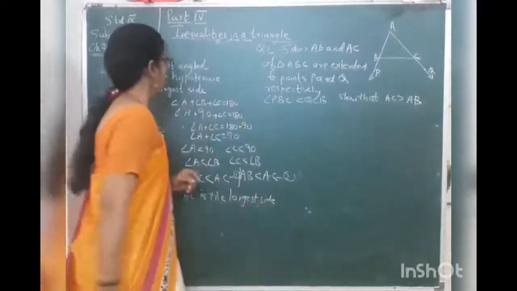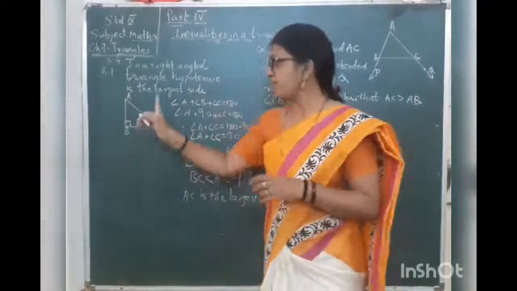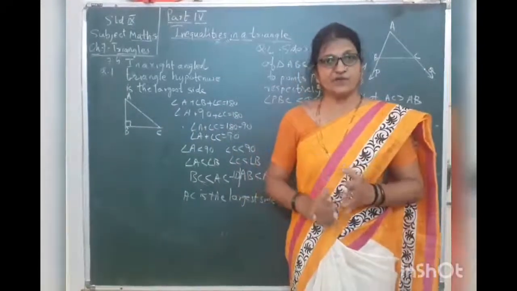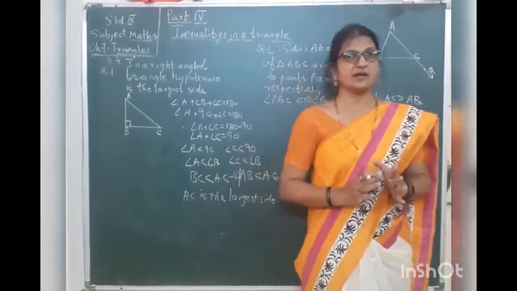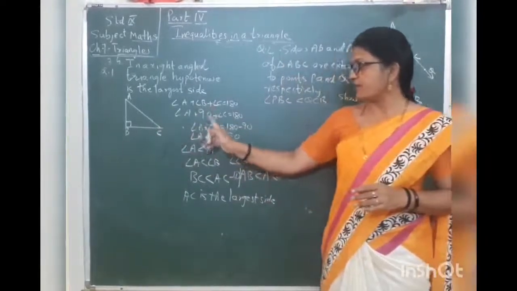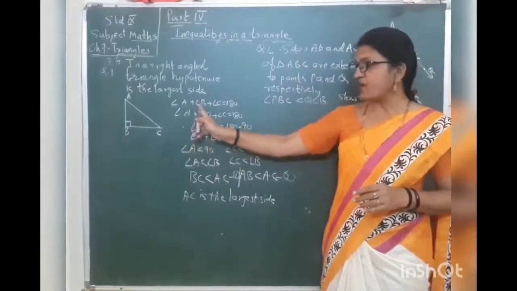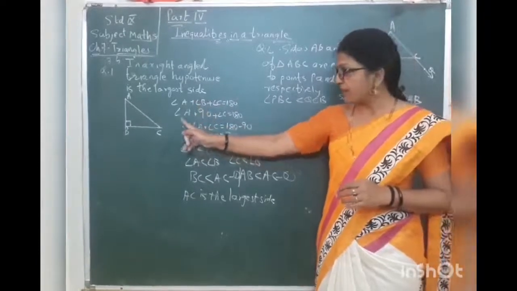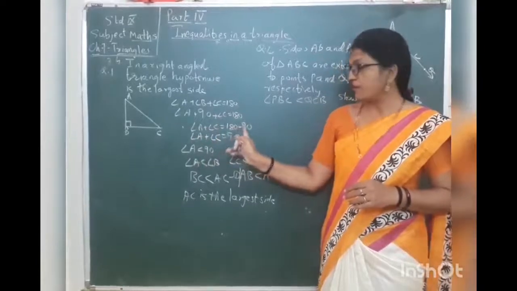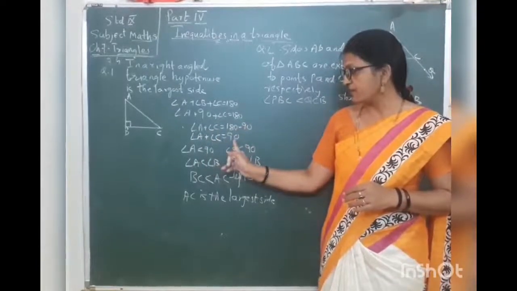Once again, a right angle triangle is given where angle B is equal to 90. The sum of the measures of all three angles of a triangle is 180. So angle A plus angle B plus angle C is 180. Substituting the value of angle B as 90, angle A plus angle C is 180 minus 90, which is 90.